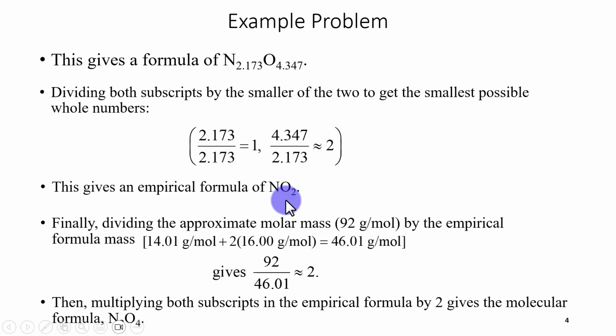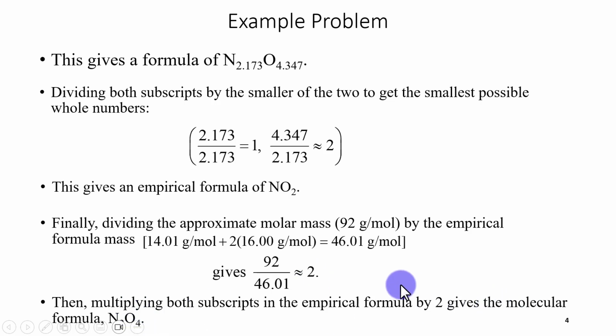Now I can use the formula that was at the first slide of this video. This is my molar mass divided by the mass of my empirical formula, to tell me how many empirical formulas are in my molecular formula. There are 2 of them. Therefore, I have to multiply these subscripts by 2 to get the full molecular formula. N is 1 times 2, giving me N2, and the subscript for oxygen is 2 multiplied by 2, giving me 4.